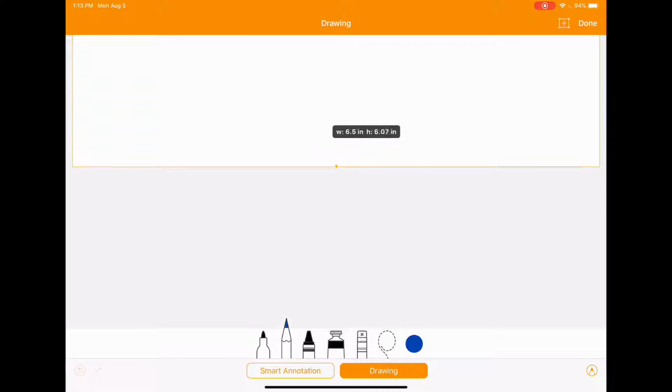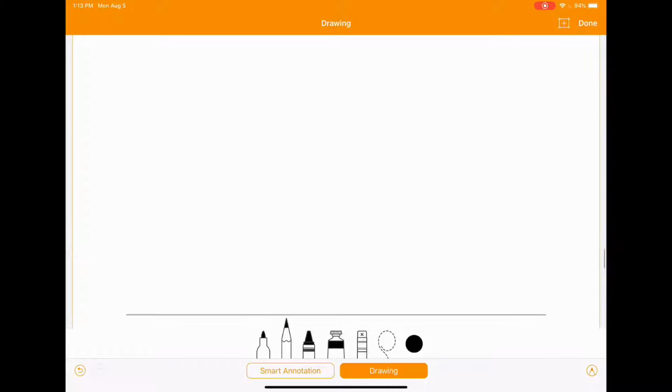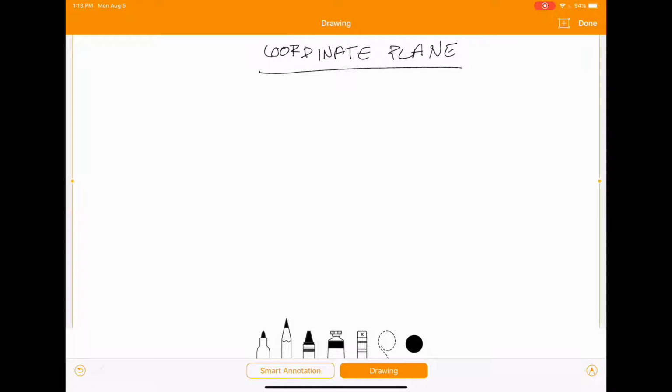All right, so now let's go ahead and take a look at the coordinate plane really fast. Just a brief overview and introduction to the coordinate plane. So your coordinate plane is set up by 2 axes crossing at 90 degrees.